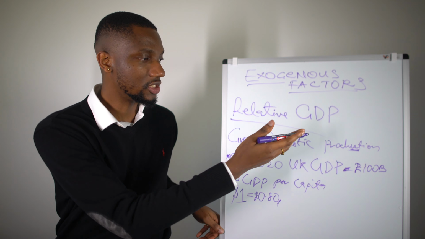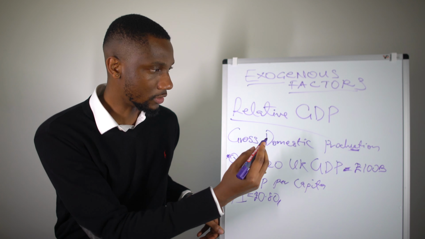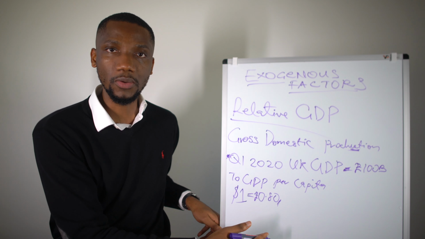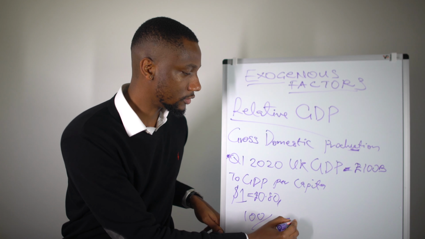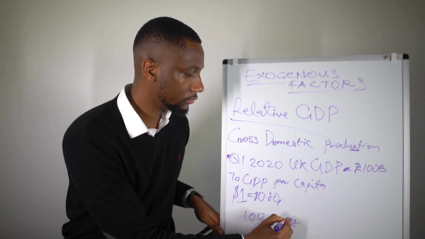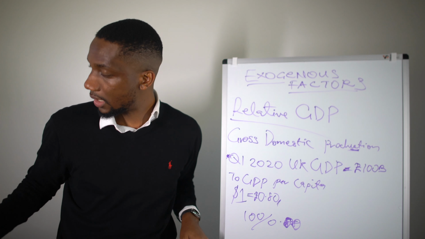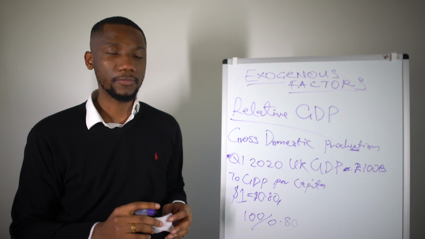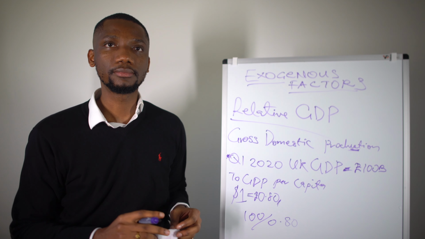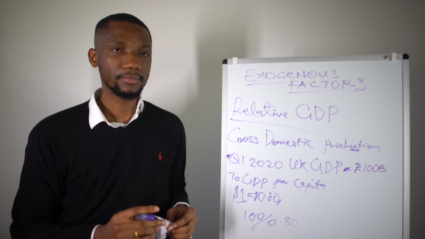The UK GDP for Q1 is 100 billion. To convert that to US dollars, we do 100 divided by 0.80. So 100 divided by 0.80 is what? 125.